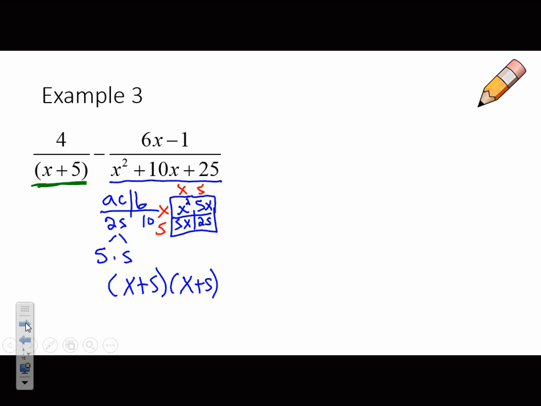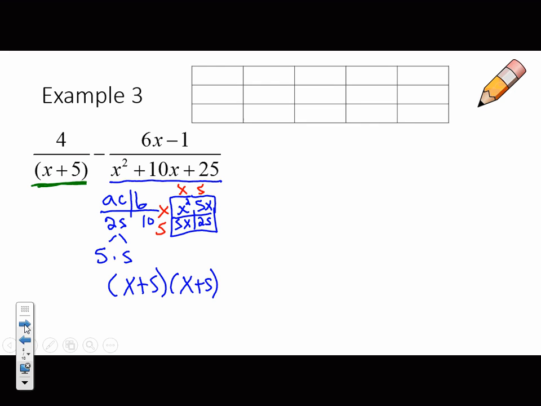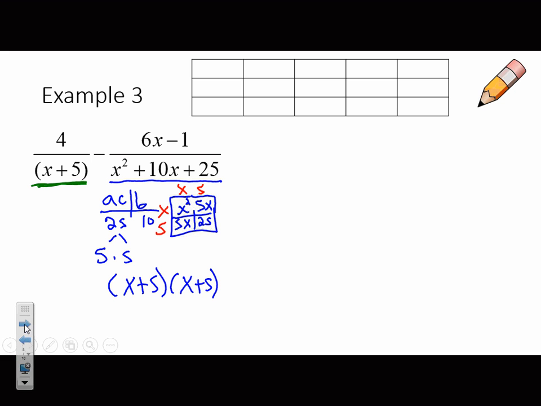Once I have my denominators factored, I'm going to plug what I know into my box. So my first fraction, I'm going to put that factor, it's x plus 5. On my second one, I have x plus 5 squared. Remember, that means I have 2 of them.